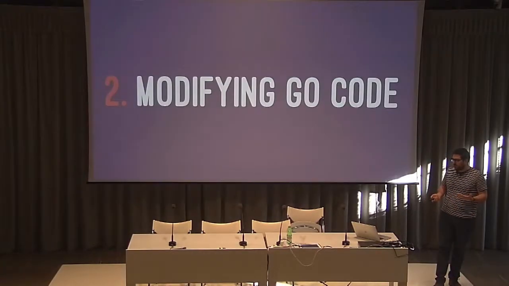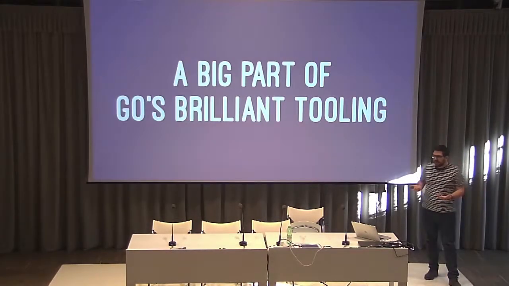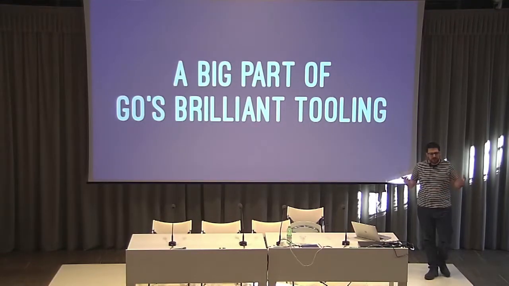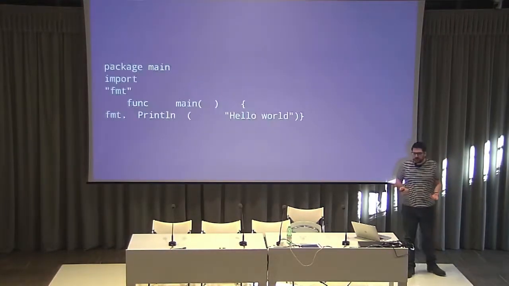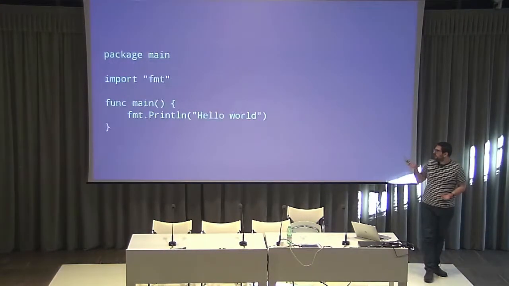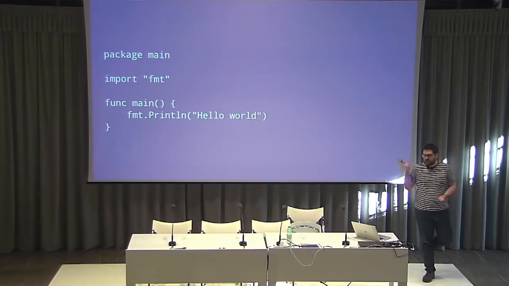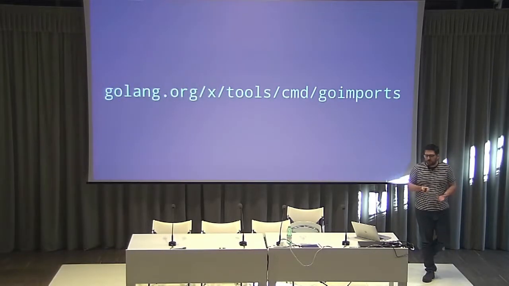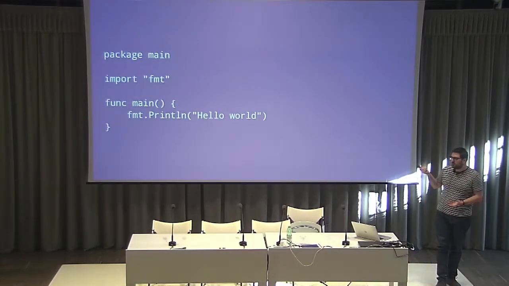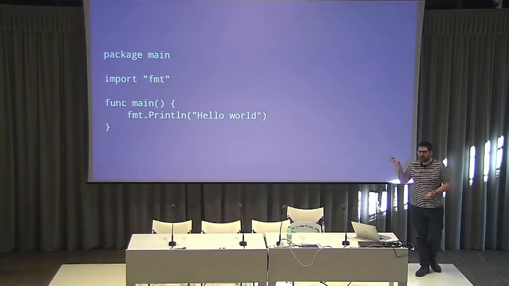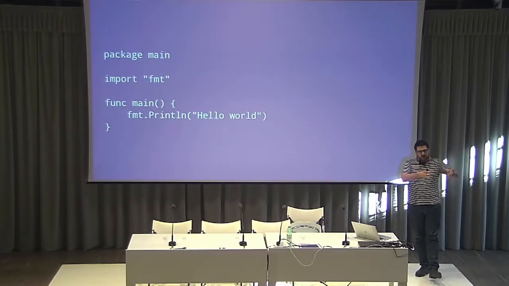The next one is modifying Go code. And this is basically one of the main things that makes the tooling in Go so good. So when we do Go FMT and we get code like this, and we run it and turn it into something like this, or when we use Go imports and we have code using a package, and when you run it, you get the package import automatically added. That's a program that is going to be reading your code, modifying it, and writing it back.